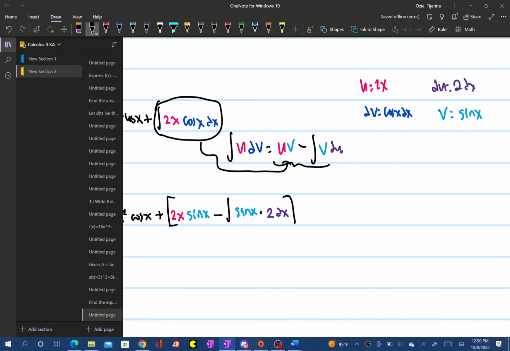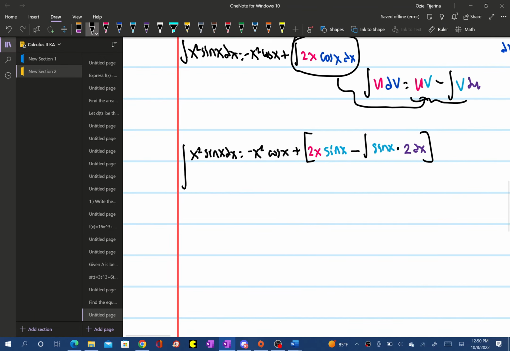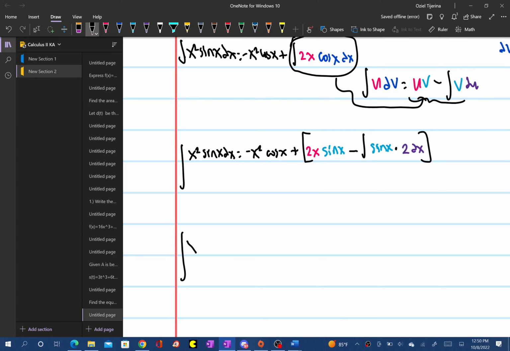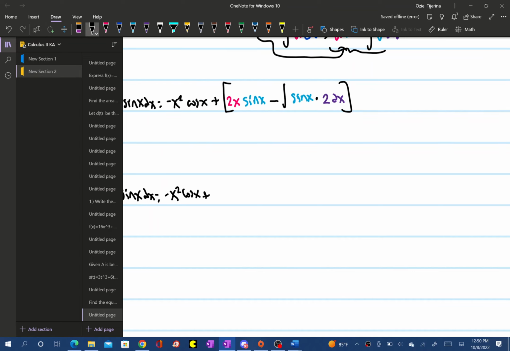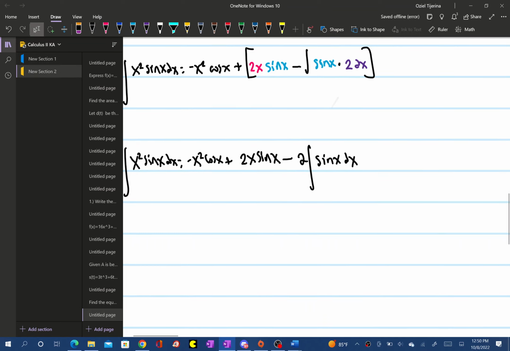So we get the integral of x squared sine x dx equals negative x squared cosine x plus 2x sine x minus 2 times the integral of sine x dx.